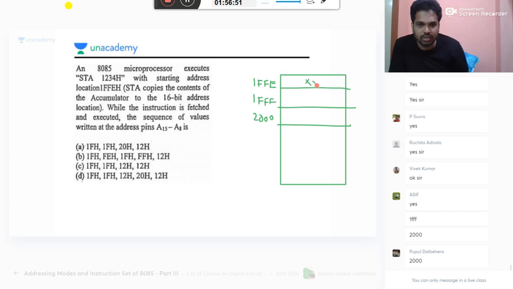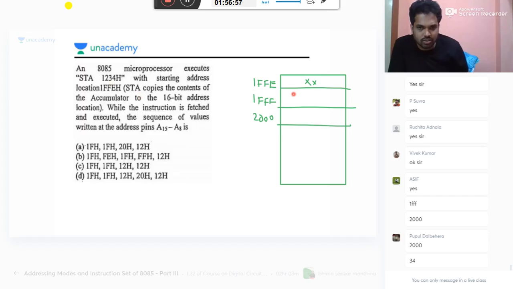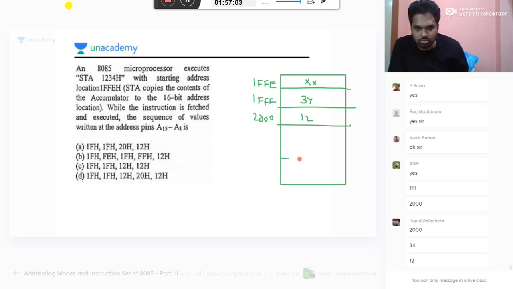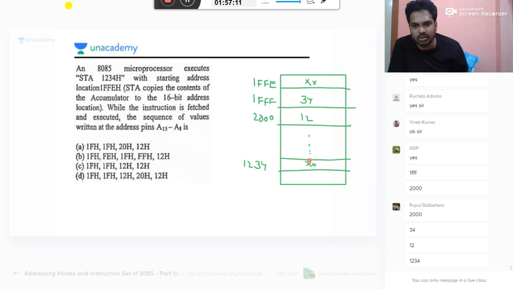Now see here, store contents of accumulator. So first here he asked a very simple question. He asked what is the contents of higher order address bus. Okay, you don't ask which T state, nothing. Simply he asked the higher order address bus. So first, what is the answer? 1F. Second, 1F. Next 20. Next, 12.